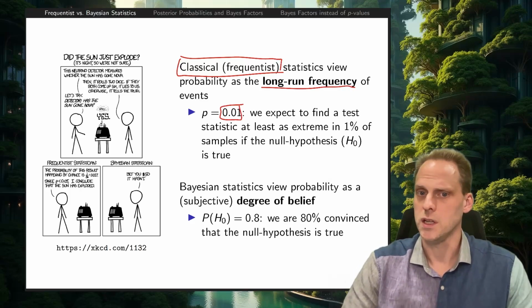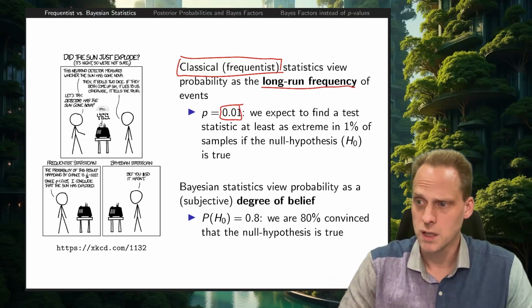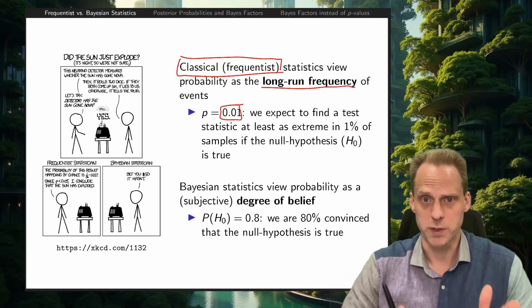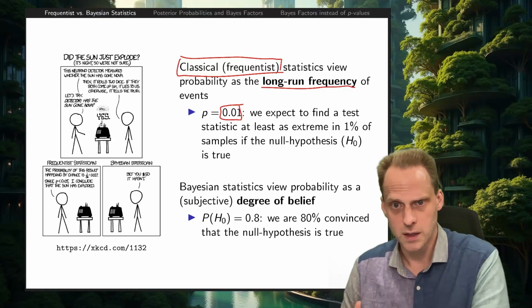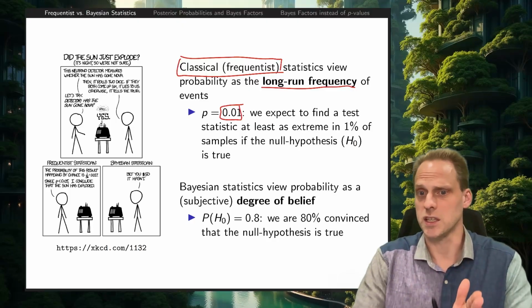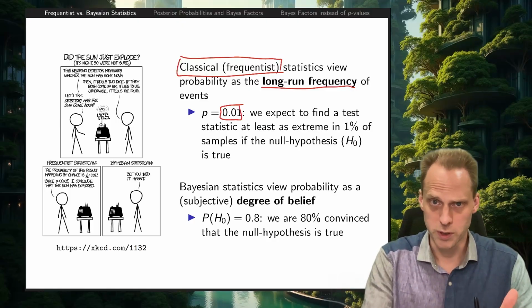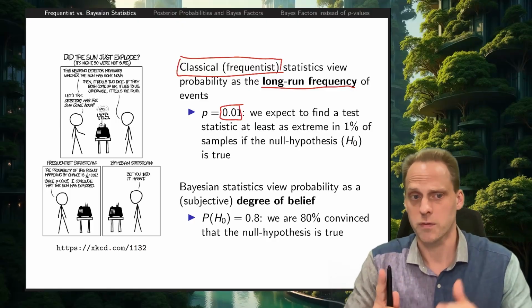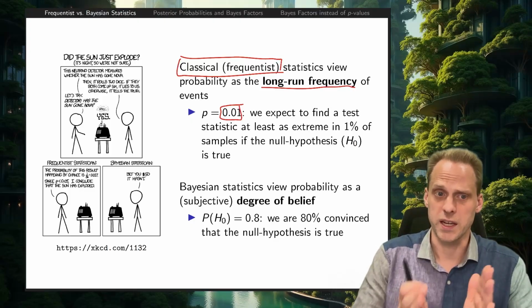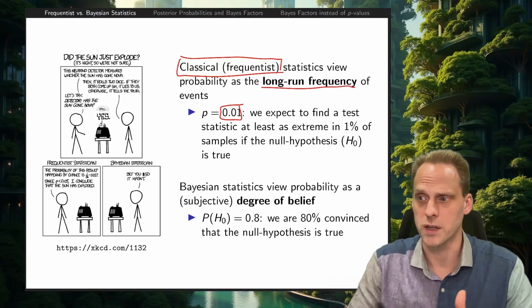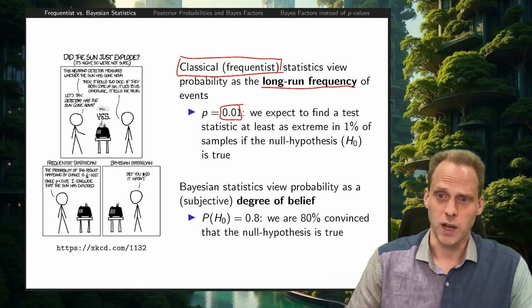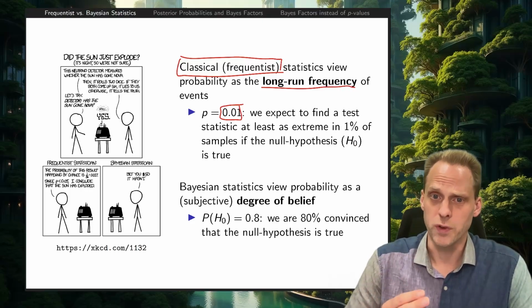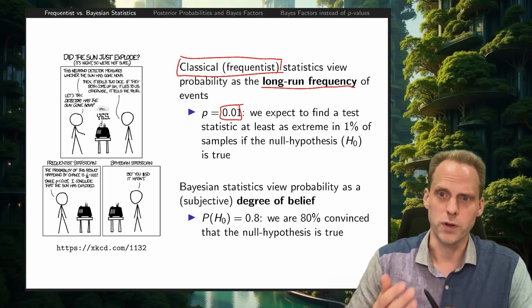So p equals 0.01 literally means if you would do the same experiment in new samples over and over again, and suppose that there is actually no effect, the null hypothesis is true, then 1% of the time we're going to find a statistic that is as extreme as the one that we found in our data. That's the interpretation of the p-value. And this relies on this frequentist view of probability, a long-run frequency.